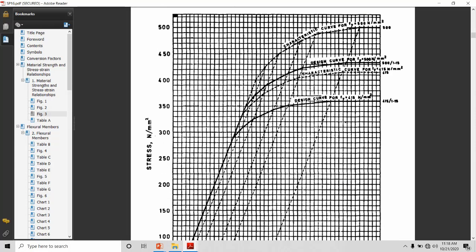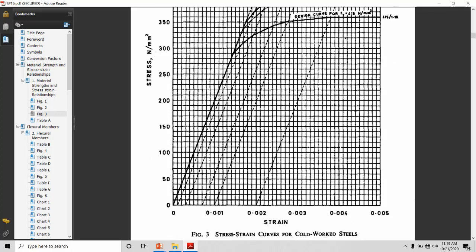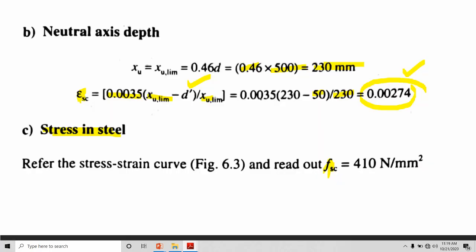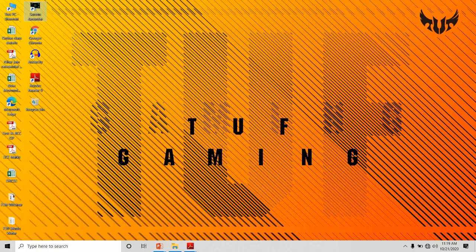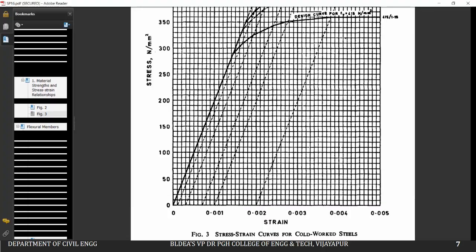Our steel is Fe 500, so this is the Fe 500 steel curve. We are going to refer to this design curve. Our strain is 0.00274. For this strain, we have to read out the FSC stress value.